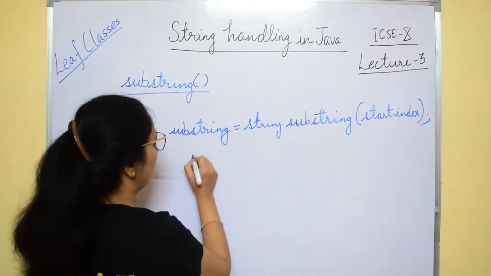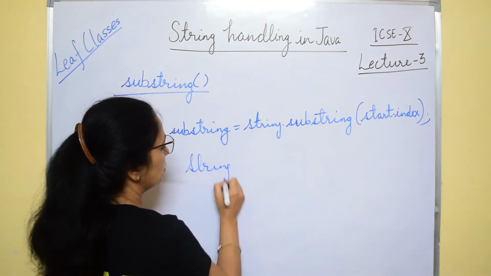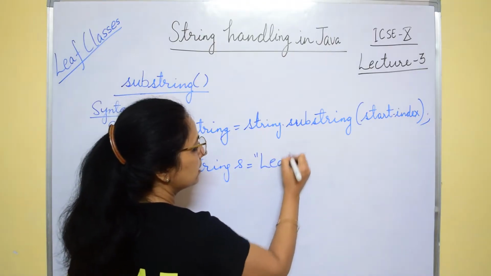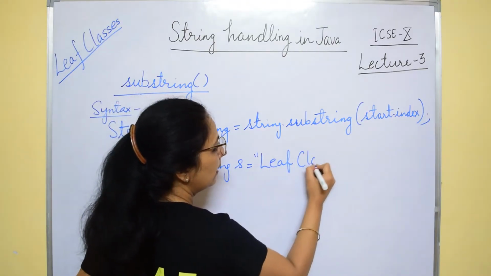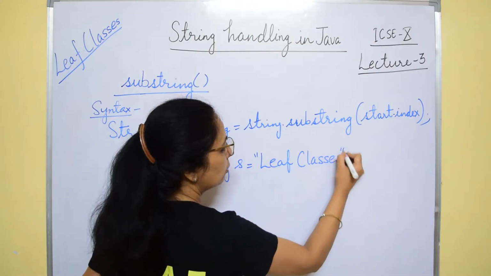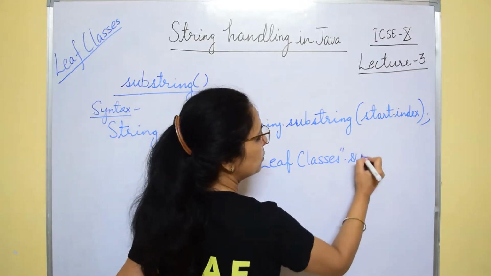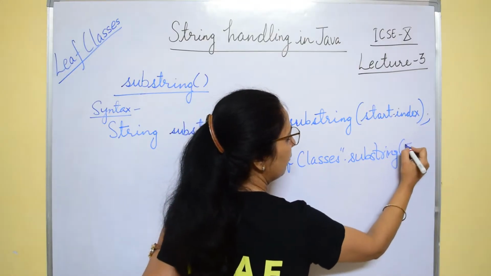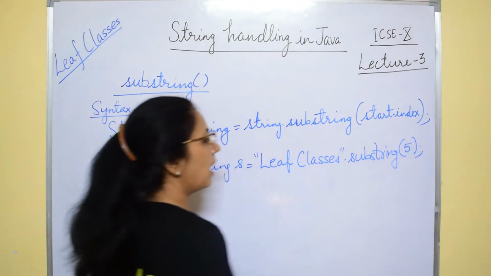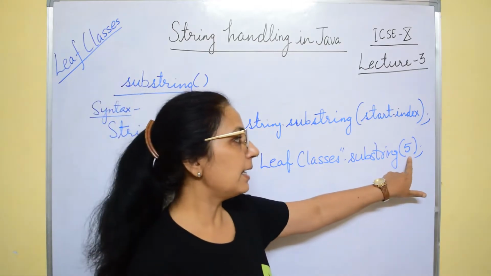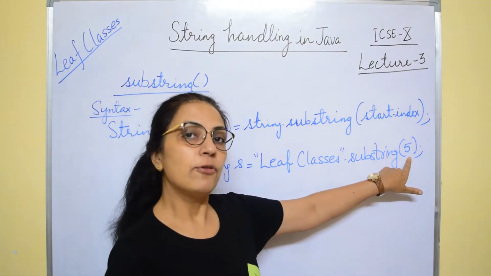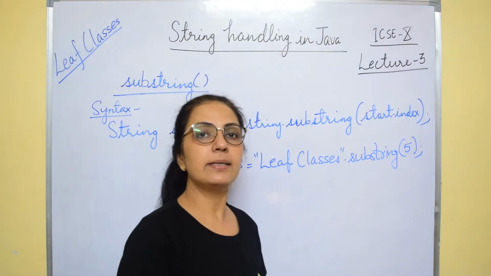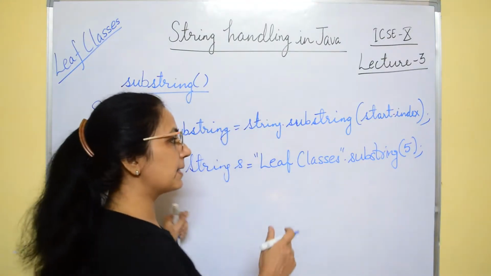Let's take an example. Say I take String s equals to the string, if I have taken "leaf classes", dot substring, and here I write 5. So this is the starting index number I am writing here. From this starting index number, all the characters till the last index number will be extracted.